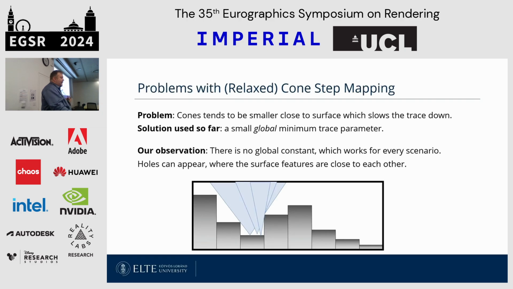So when they realized that the next step is too small, they simply use this global minimum parameter as a step size. But our observation is that there's no global constant which can work in every scenario. So whatever we set as a parameter, there will always be holes and surface features that will be missed.